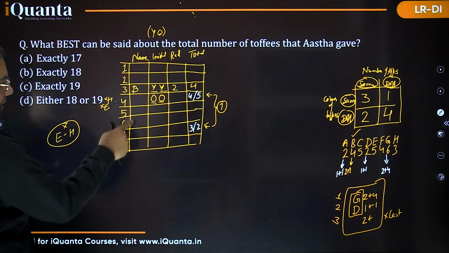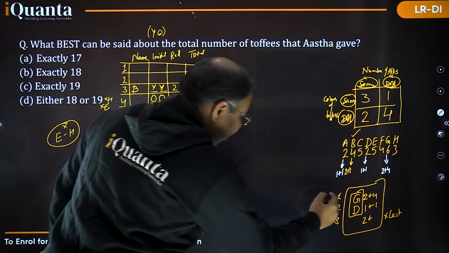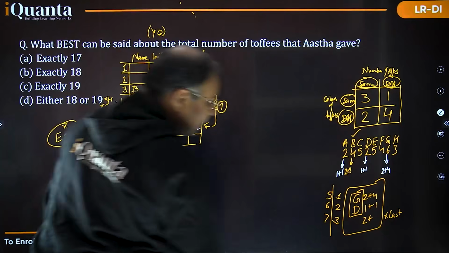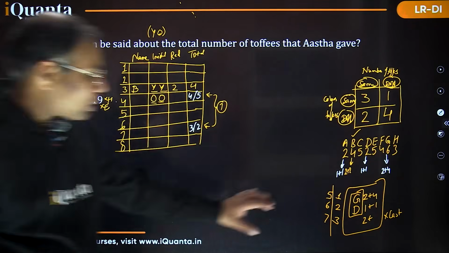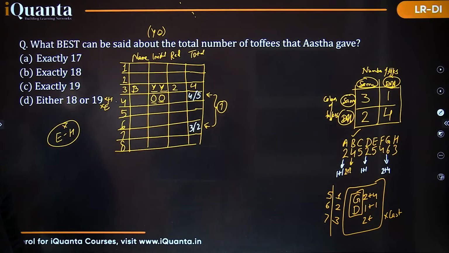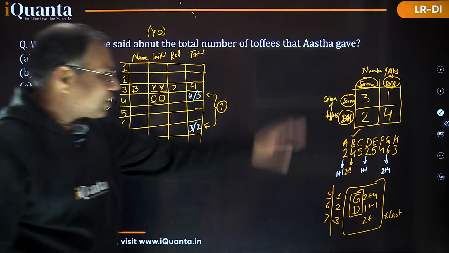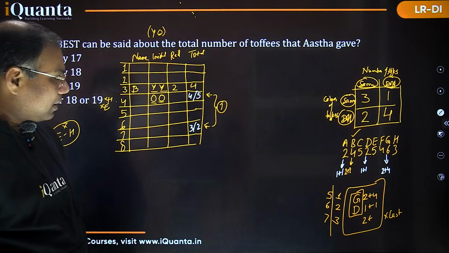So 5, 6, 7 is the only other possibility. So I can see these 2 possibilities for this combination. What do you say? Isn't it? So we can see just these 2 possibilities for these combinations. I think we can start with that casework only. Isn't it? That would be the easier way, because that's what we have analyzed thoroughly.